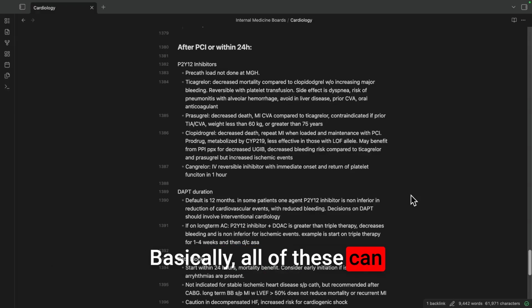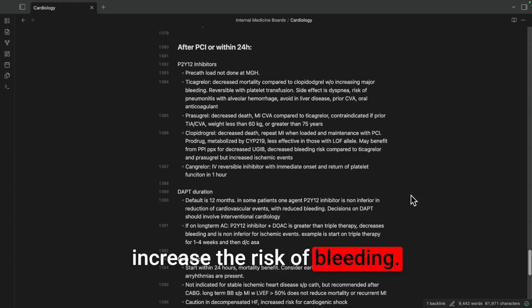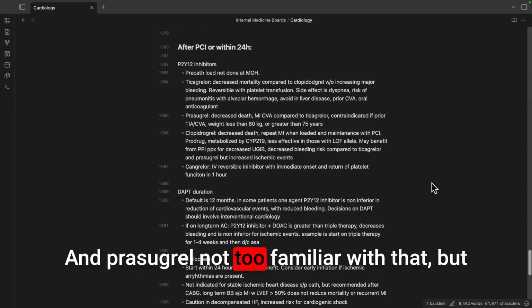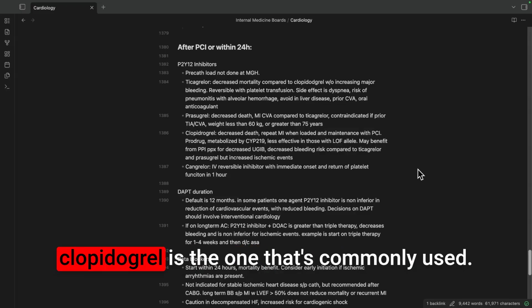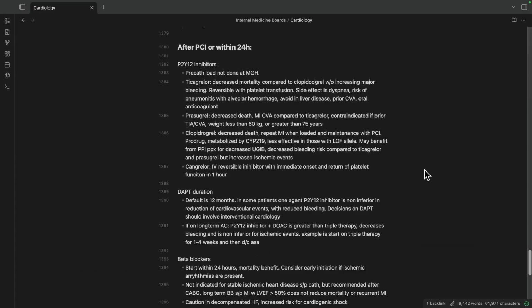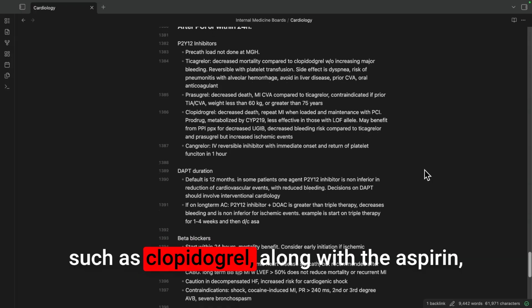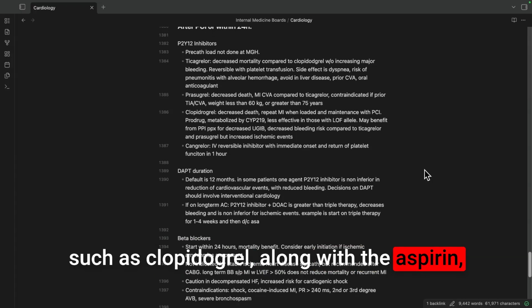Basically, all of these can increase the risk of bleeding. Ticagrelor can increase the symptom of dyspnea, and prasugrel, not too familiar with that, but clopidogrel is the one that's commonly used.